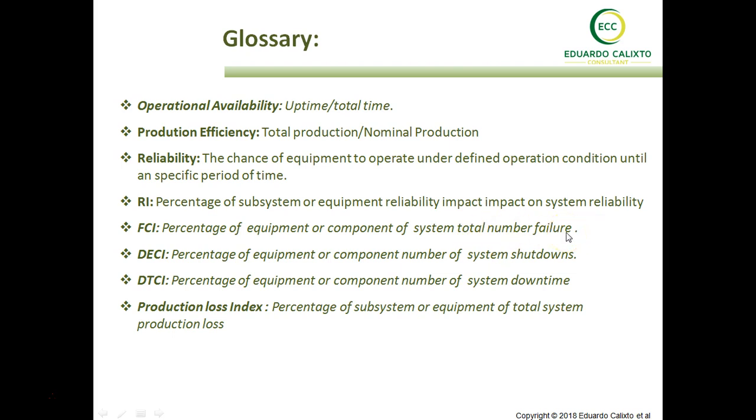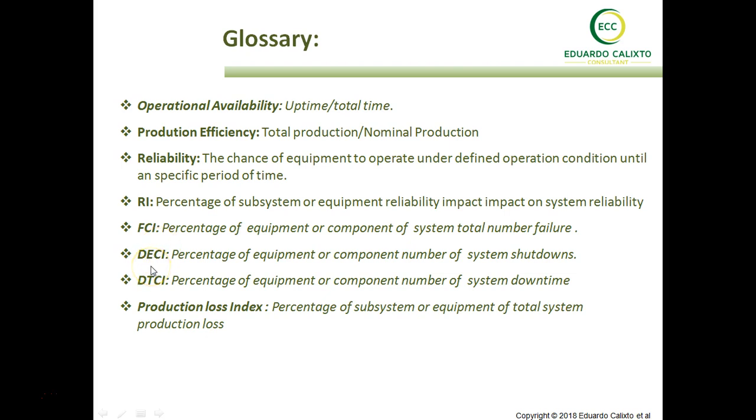So if the system has 10 failures and one specific motor has some of them, in the case of a driver motor, a rotor that's installed in the bogie to provide the movement for the bogie, we have the starter. For example, if you have 10 failures and 5 of them are related to the starter, the failure critical index for the starter is 50%.